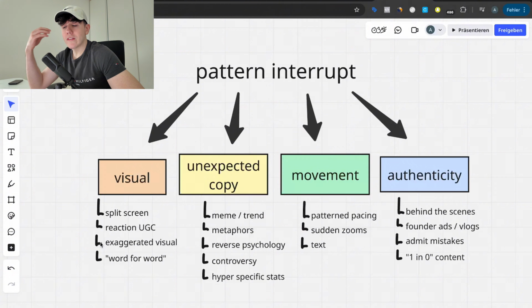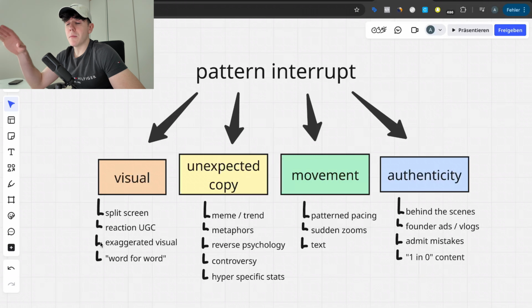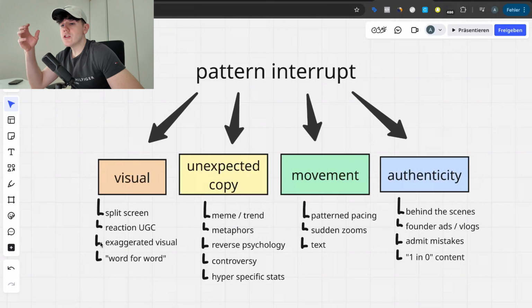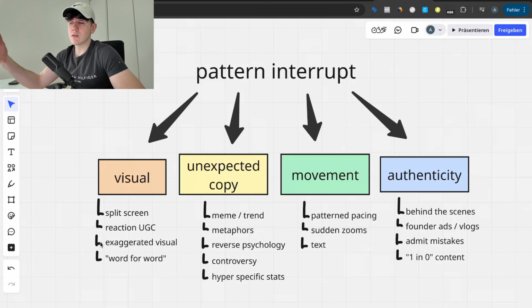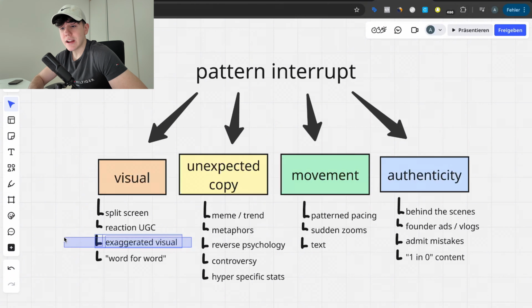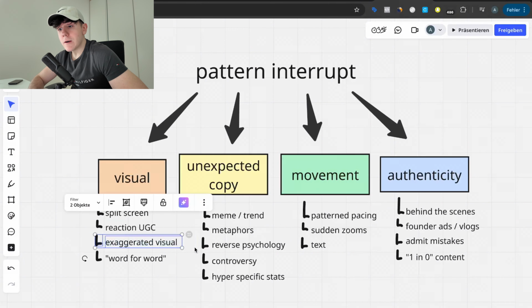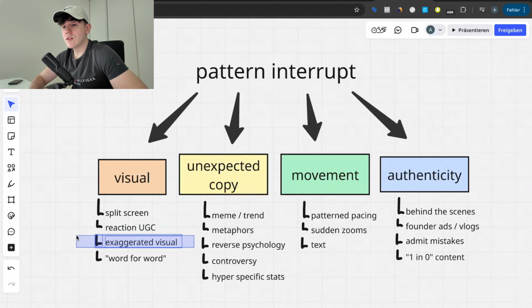This is something which people once again are not used to, because what most people are doing, not only in ecom, overall when they're running ads, is they either just have themselves speaking, or it's just super normal product-based B-roll footage, and that's all the visuals that they have. And so if you exaggerate everything that you show, it's obviously going to be a pattern interrupt, set you apart. And once again, this is going to lead to people giving you their attention, and attention is equal to money, right?